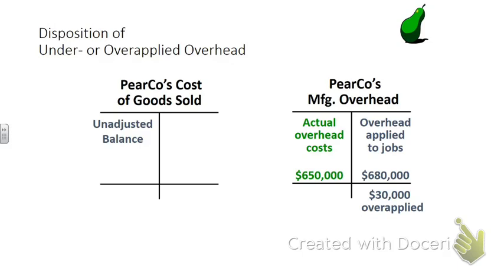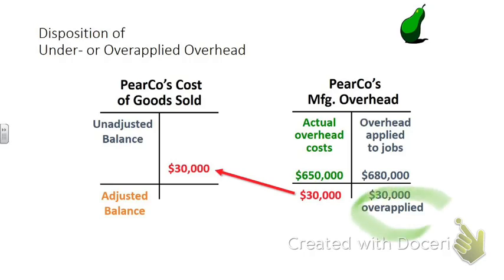So notice here, we've got that 30,000 that is over applied. Okay? All we need to do is do the journal entry, debit the 30,000 to the overhead account, credit it to cost of goods sold. Notice what this does.